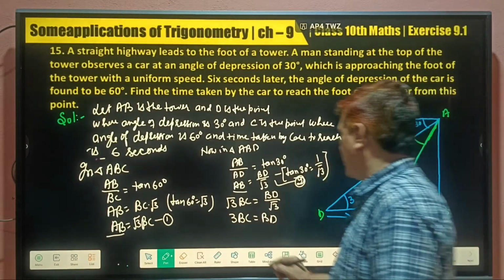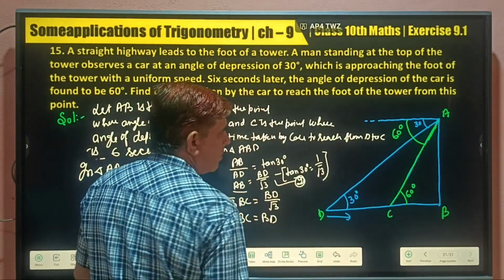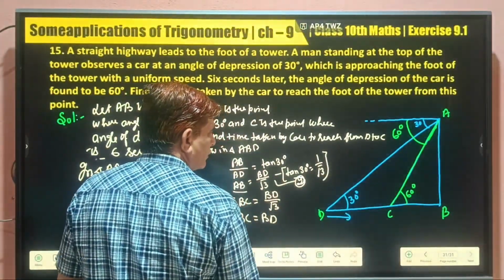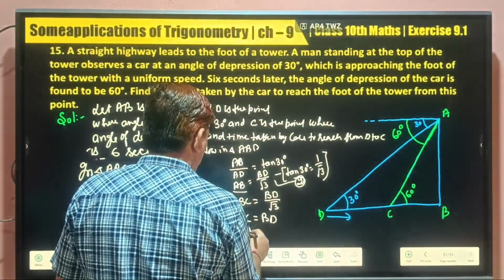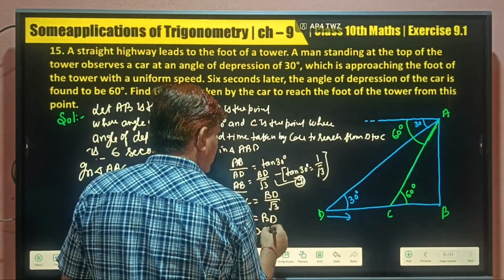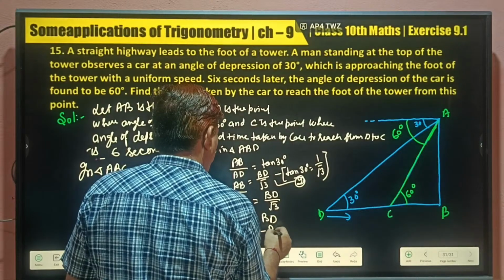So what's your DC? DC is equal to BD minus BC.